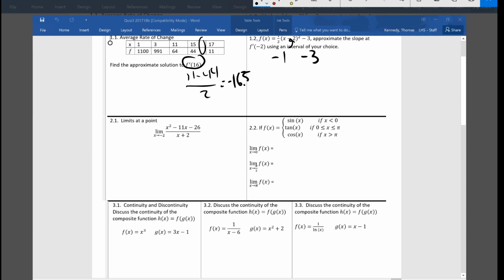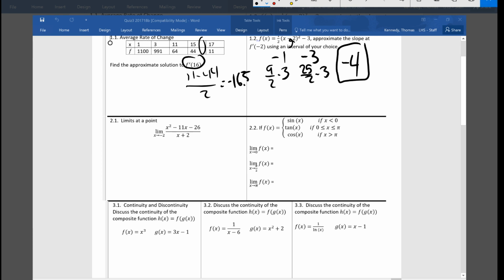So if you plug -3 in, you get 25 over 2, because it's -5 squared, minus 3, and when you plug in -1, you get 9/2 minus 3, and you just do y2 minus y1 over x2 minus x1. In this case, you get -4, because this one is on the left side of the vertex, and so I did one on the right side and one on the left side for my 2 different versions.